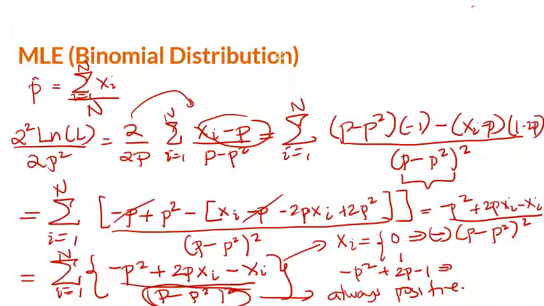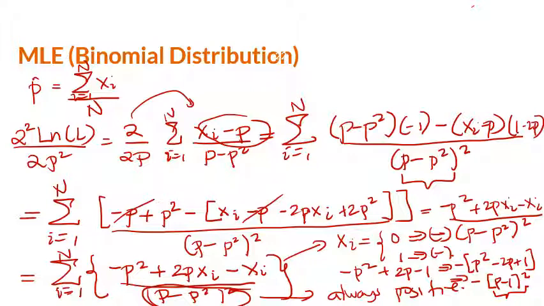So, this is equivalent to negative of p squared minus 2p plus 1, which is also equal to negative of p minus 1 squared. But this is always positive. p minus 1, quantity squared, is always positive. Therefore, kapag x sub i natin ay 1, negative din yung quantity. So, either kung 0 man yung value ng x sub i or 1, yung value sa summation mo is always negative. So, ano yung implication niyan?